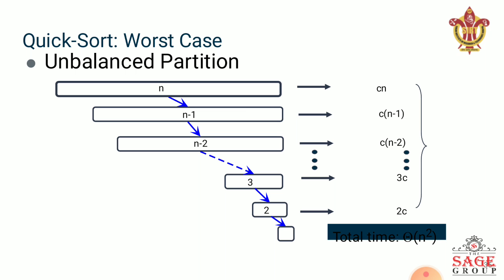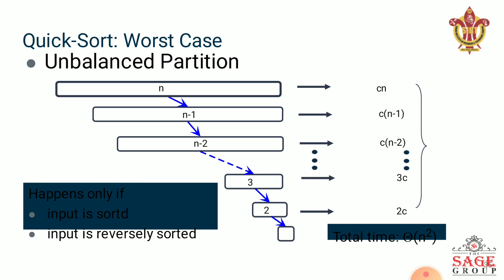In the best and average case, quicksort requires order or theta of n log n, and the worst case is when an unbalanced partition is given, meaning we are given already sorted elements and our task is to sort the already sorted elements. This is known as the unbalanced partition. The input is sorted, and the input is again recursively sorted.